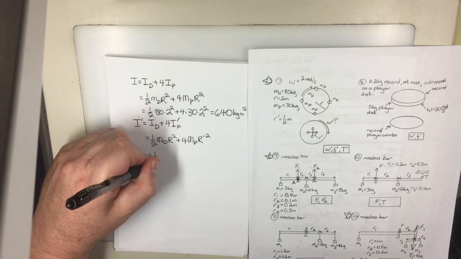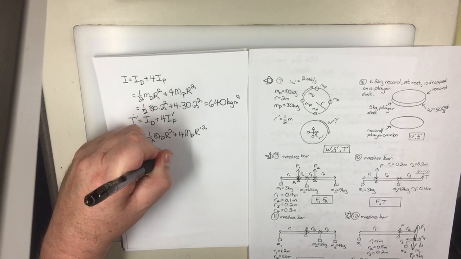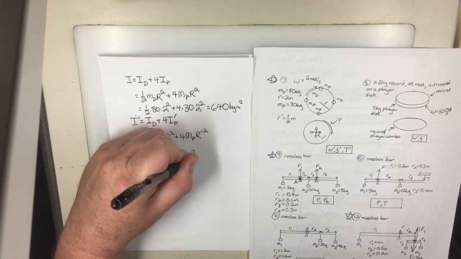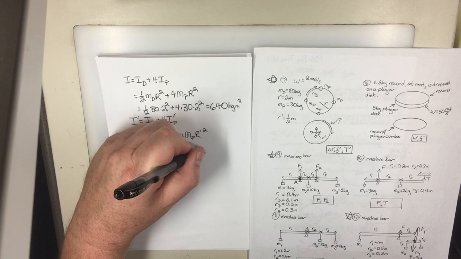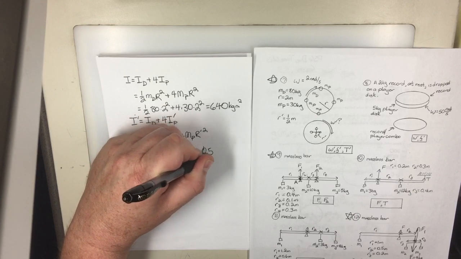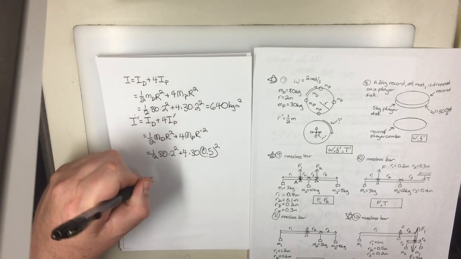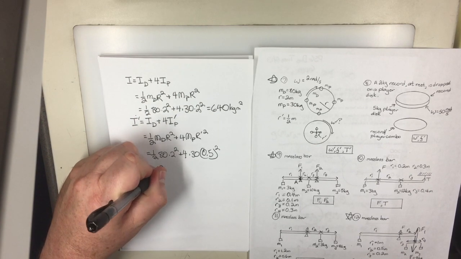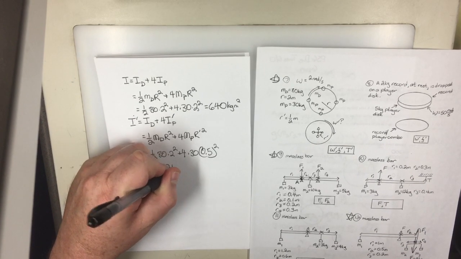This is 1/2 80 2 squared plus 4 30 0.5 squared. That's 190.